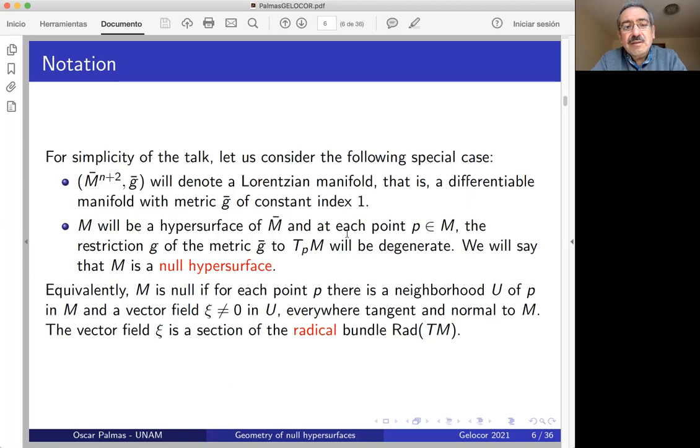It can be seen that this is equivalent to the existence of a vector field, which we call here Xi, everywhere different from 0, which is both tangent and normal to M. This vector field generates a bundle over M called the radical bundle.